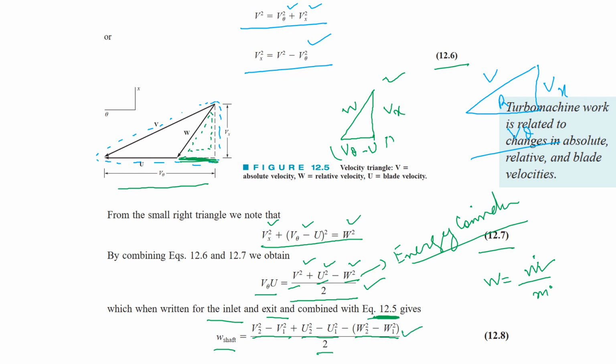So now you can see that we have our shaft work in terms of these three velocities that we discussed previously. This is why they were crucial, and in the coming slides we will also be drawing velocity triangles, and we will be using these three velocities again and again. So hope this was clear.